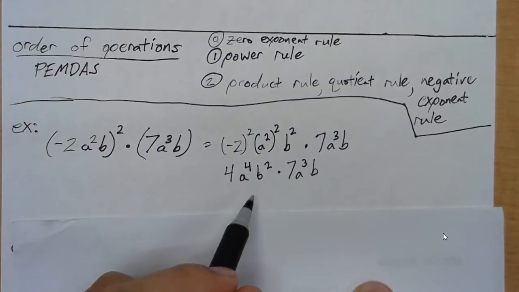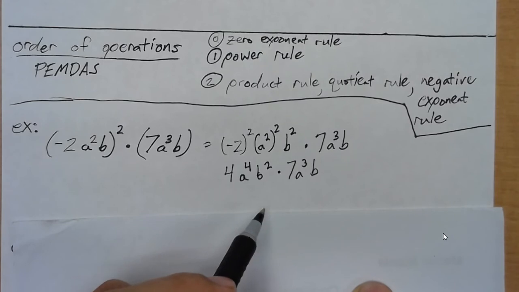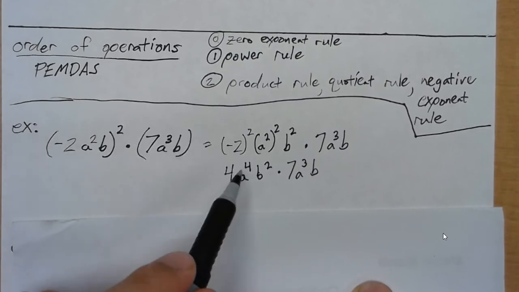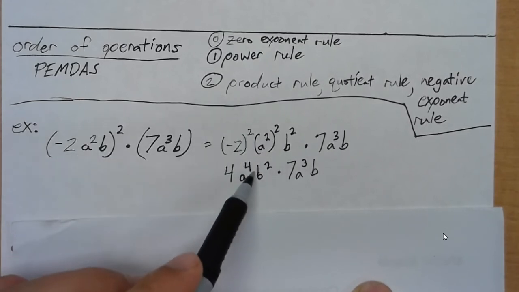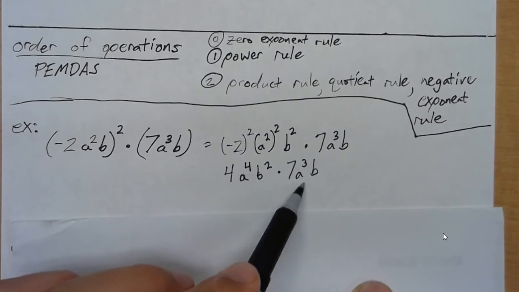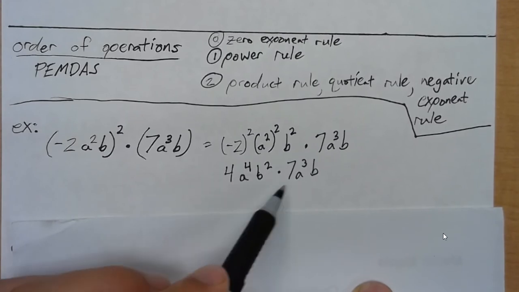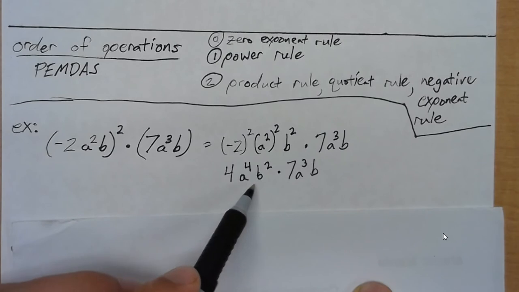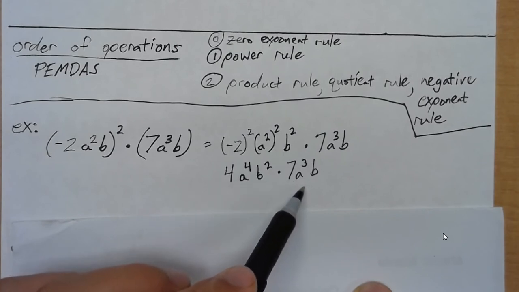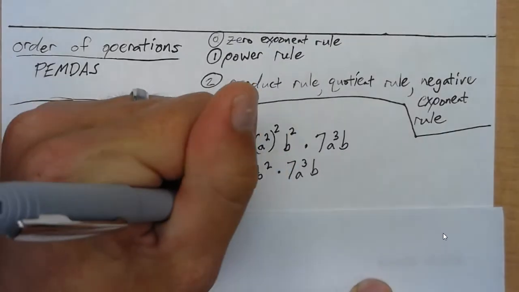Now we're ready to start using the product rule or quotient rule. There's only the product rule that I see here. I see ones with the same base, and I can combine them. And a to the fourth power times a to the third power will give you a to the seventh power. That's a multiplied by itself 7 times.